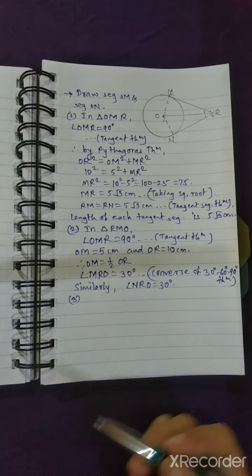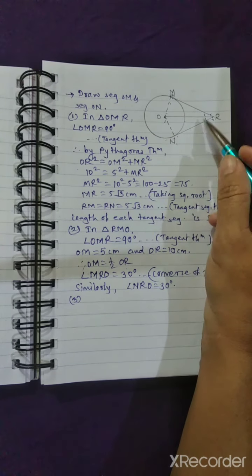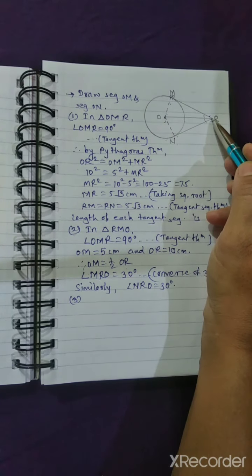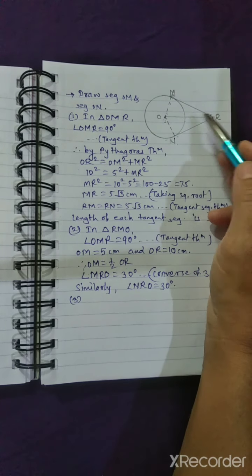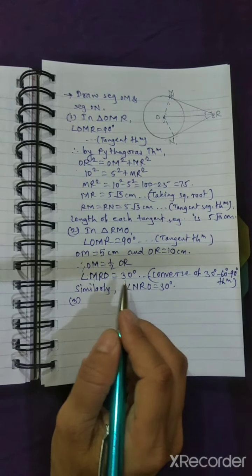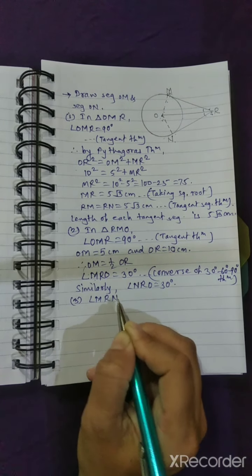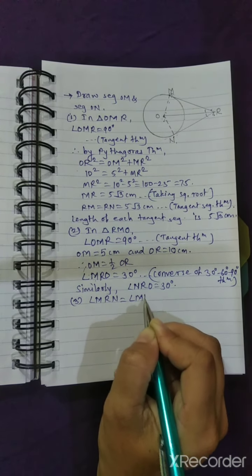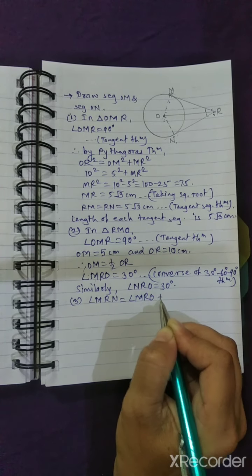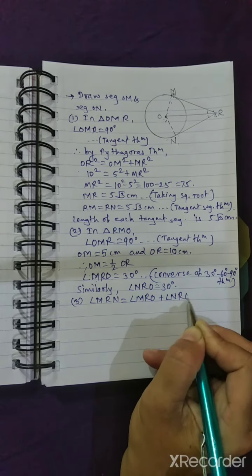Now we know that angle MRN is the addition of angle MRO plus angle NRO.